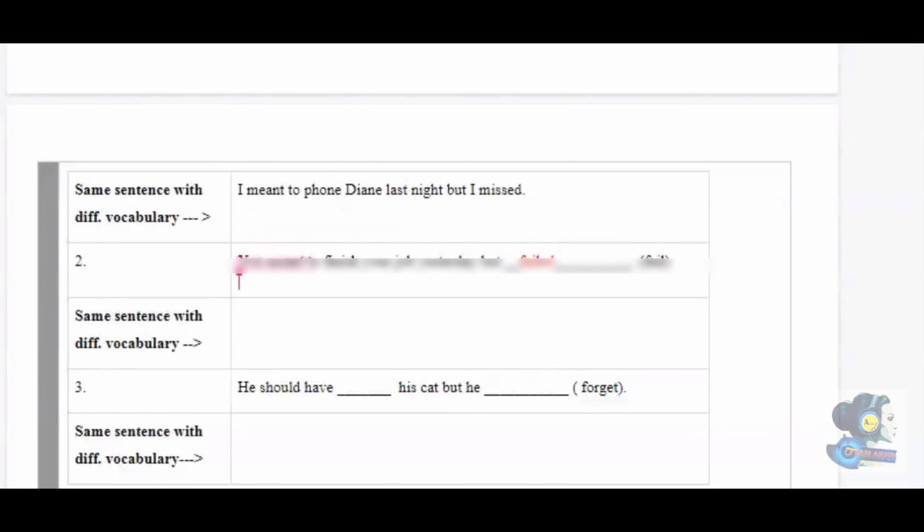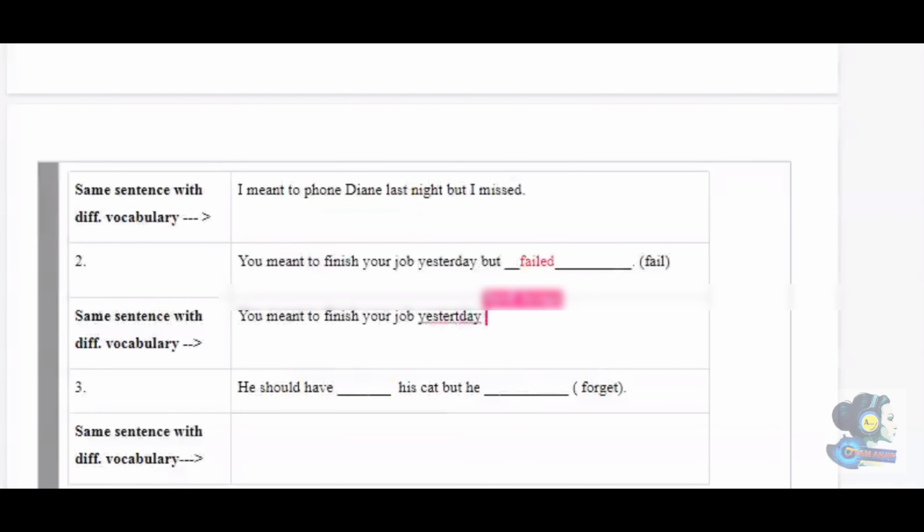So, can you help me to think of another verb for this sentence? Oh, okay. So just the same with the first one, but forgot. Okay, failed and forgot.